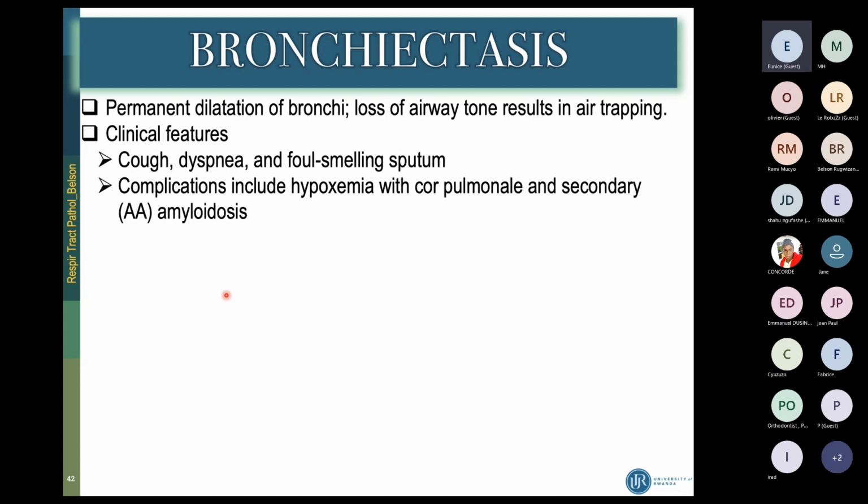So the air is entrapped, so it doesn't go out, but you can breathe in another air and so on. So the signs are cough, dyspnea, and foul smelling sputum, because of added infection. So complications include hypoglycemia, hypoxemia, cor pulmonale, and secondary amyloidosis caused by that chronic inflammation.